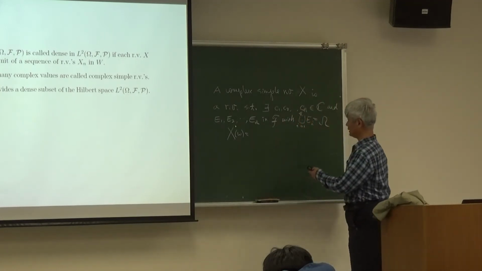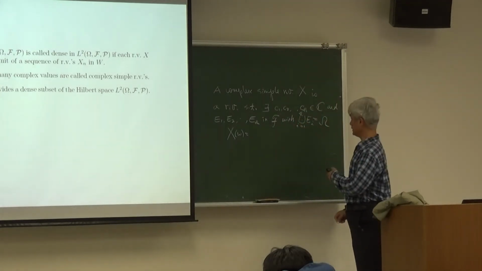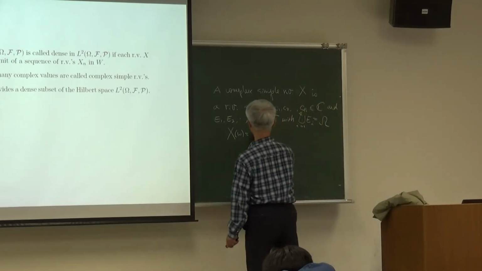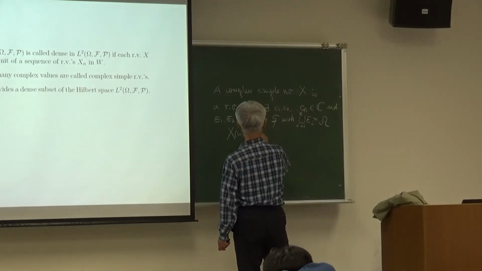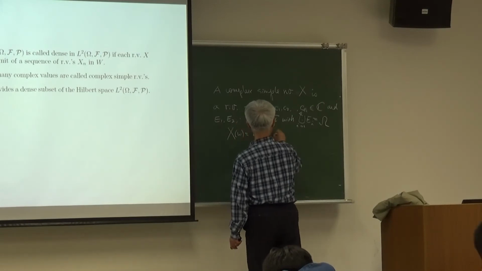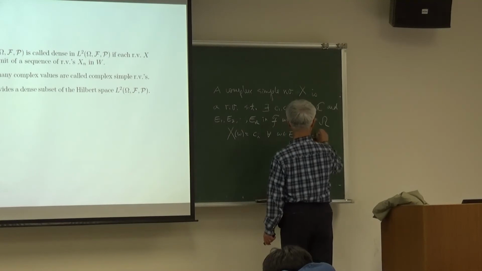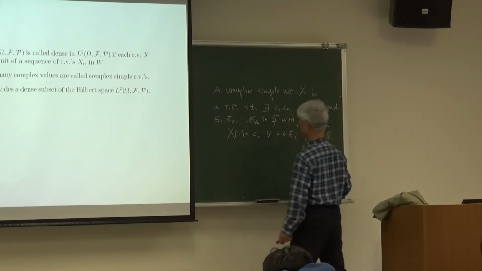So that U1, U2 up to Uk are disjoint, and the union is omega. And this is Ci for all i. Okay.